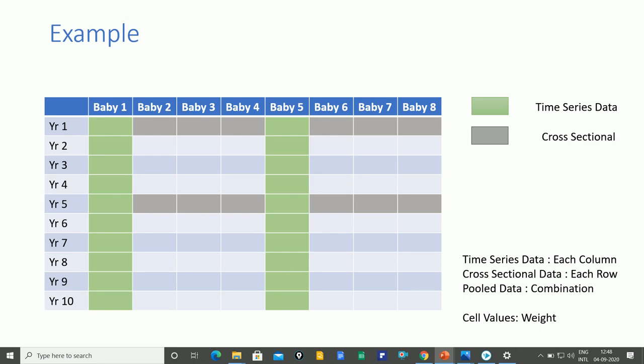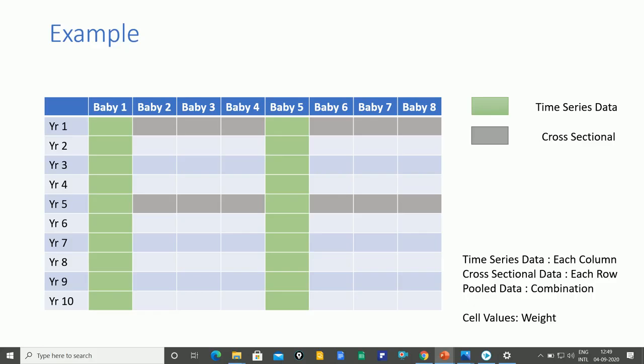Now, if we look at the columns, here each column represents a time series data. Why is this so? If I consider the first column, it contains the weight of baby 1 over the years. So here the data is collected over a period of time with equal intervals. So here the interval is 1 year. So each column represents a time series data.